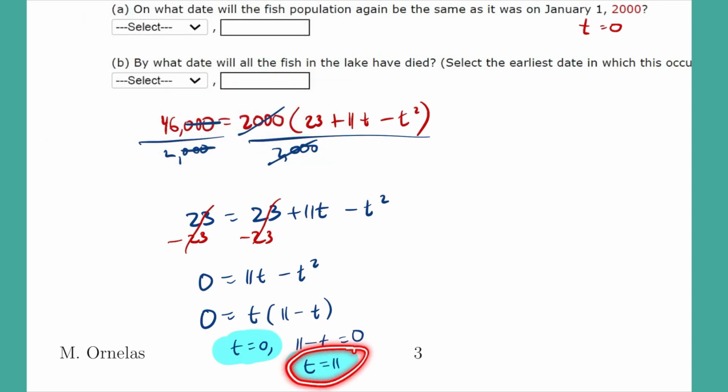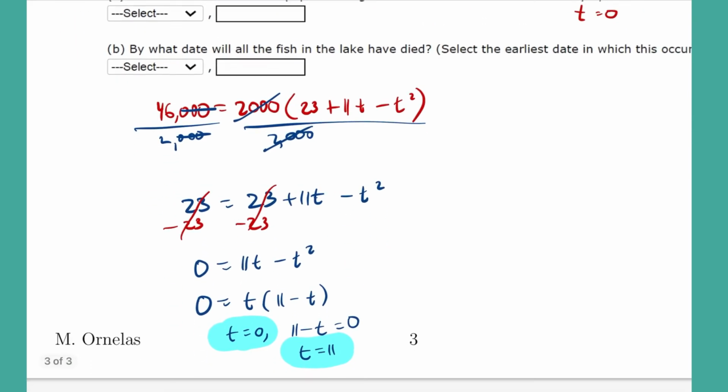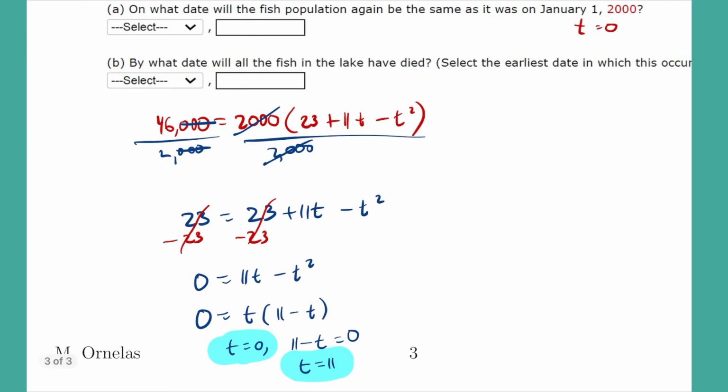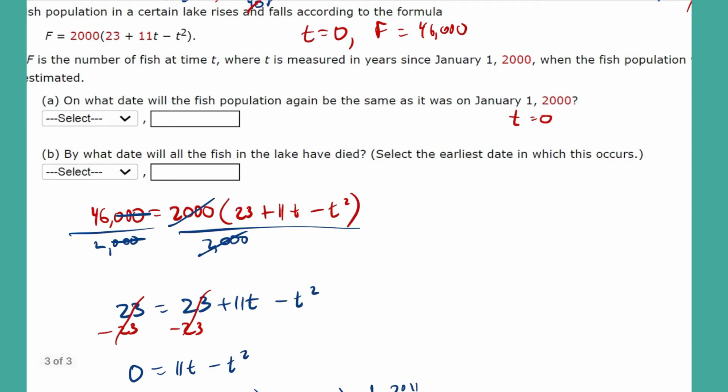So remember, this represents the number of years since January 1st, 2000. So the date would have to be January 1st, 2011, because we take this number and we add it to the year. All right, so that's what would go here, January 1st, 2011.